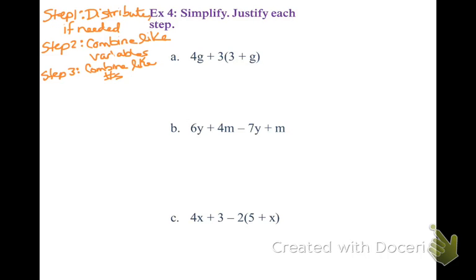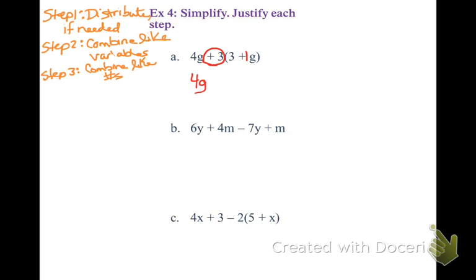Okay. So distributing means you take the number on the outside of the parentheses, and that would be this one. Notice the 3 and the 3 are attached by just a parenthesis. That means you're going to distribute the positive 3. We're going to keep it a plus 3. So I'm going to leave 4g on the outside down. Oh, I forgot that I need a 1 in front of this g.